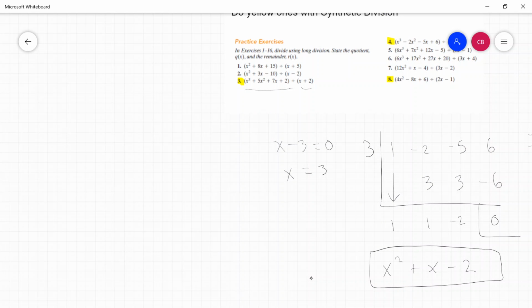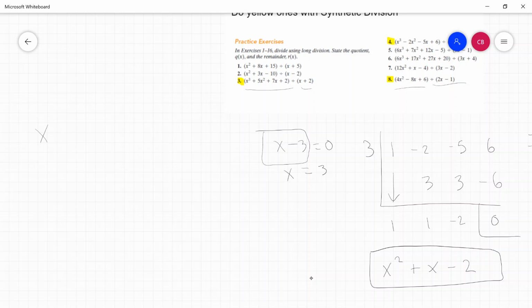I don't want to do this by synthetic division, so let me make up another equation. I recommend only using synthetic division when you have x minus 3, because there are other rules that apply if you have this, because obviously you can't drop down the 4 because 2 goes into the 4 2 times and it'll make it half as big. So I'm going to make up another one.